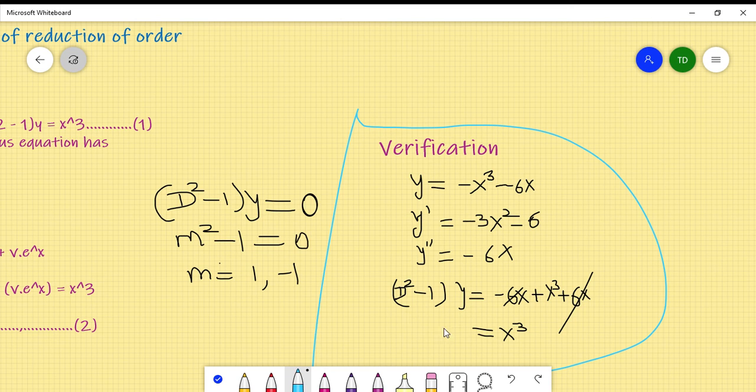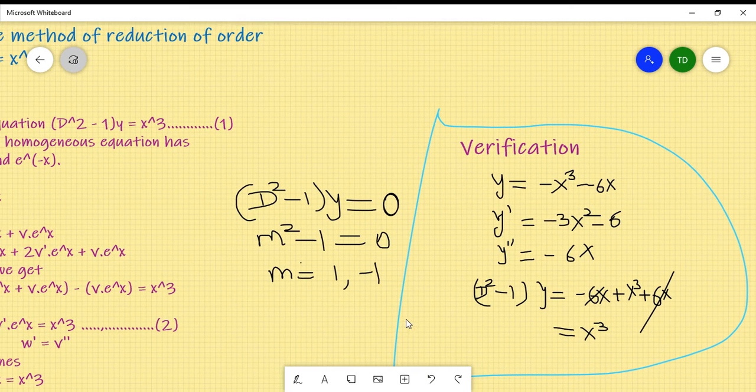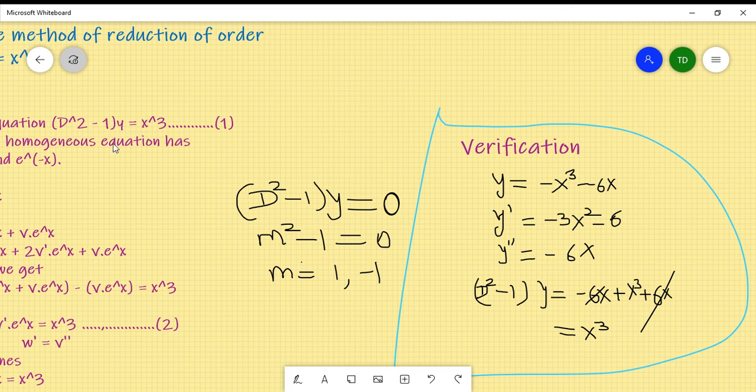So d square minus 1 operated on y. So y double dash we are writing minus 6x. Then we wrote minus y makes it plus x cube plus 6x. 6x getting cancelled, we are back with x cube, which was the RHS of the given equation. So we can very easily say this equation is getting satisfied by this result.